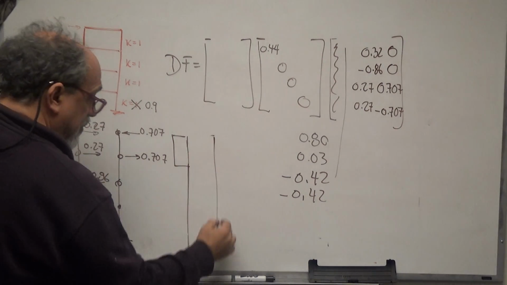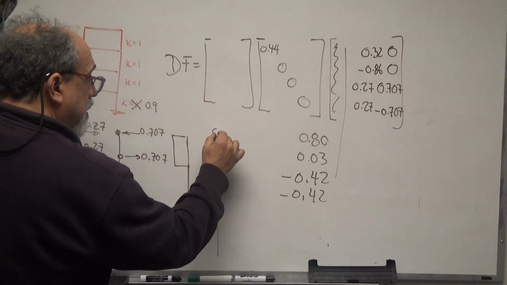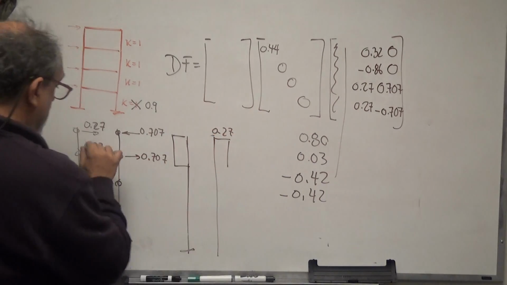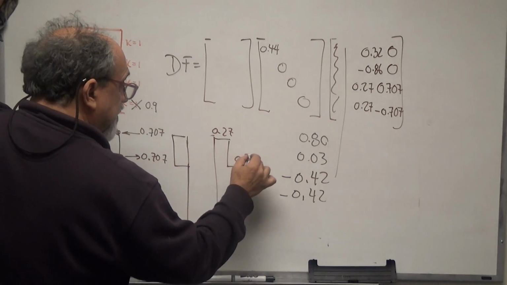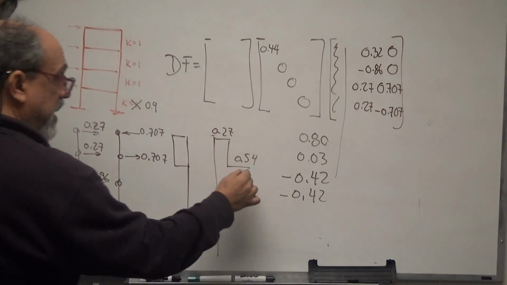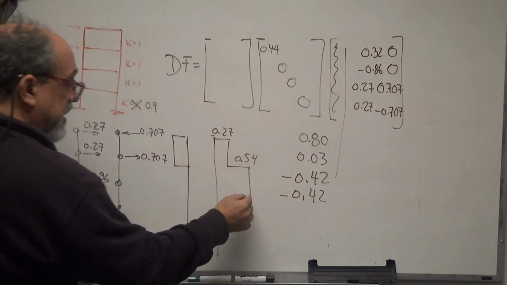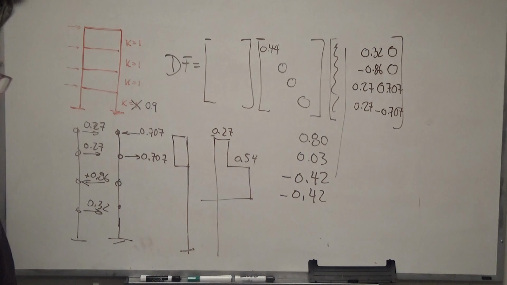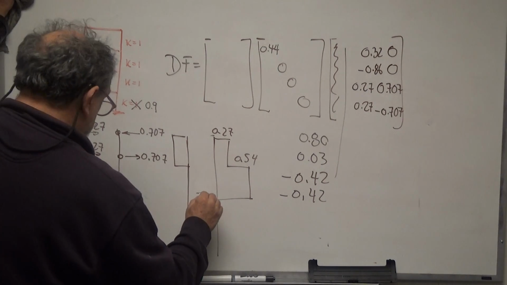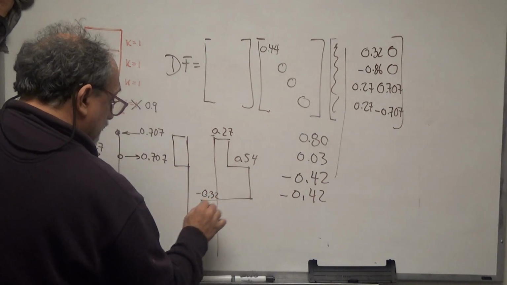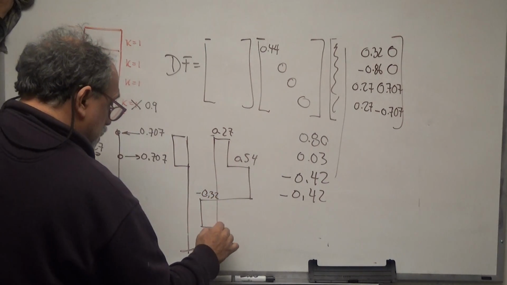So the shear plot for that is 0.27, goes down, adds another 0.27, that's 0.54, goes down like this, then subtracts 0.86, which is 0.86 minus 0.54 is minus 0.32. And then it goes like this, and then boom, 0.